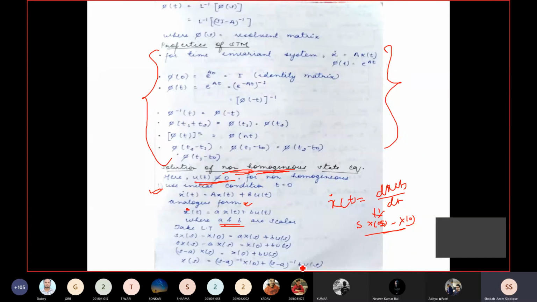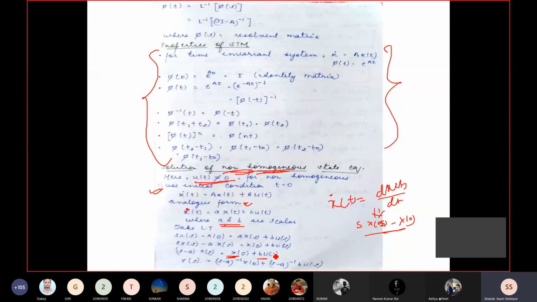You can also ask, sir, why have you not taken b into s minus a inverse? See, this is basically just a representation. We are taking the analogy between the scalar and the matrix form. So you should write in the proper order, because s minus a inverse is on the left hand side. On the left hand side of all these equations, s minus a inverse will be multiplied, not in between, not on the right hand side. Otherwise we'll have a matrix dimension error.